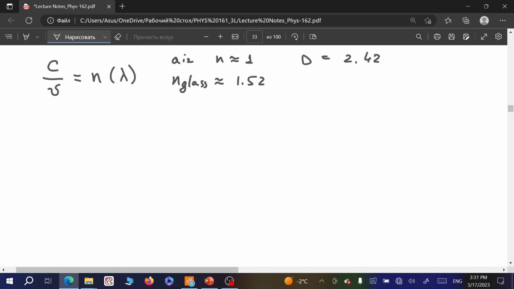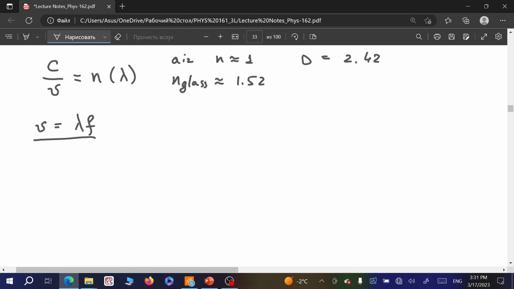However, how can we represent the speed of light or of any electromagnetic or any other wave? We can have a product of wavelength and frequency. The product of wavelength and frequency gives us the speed of an electromagnetic wave or speed of light.